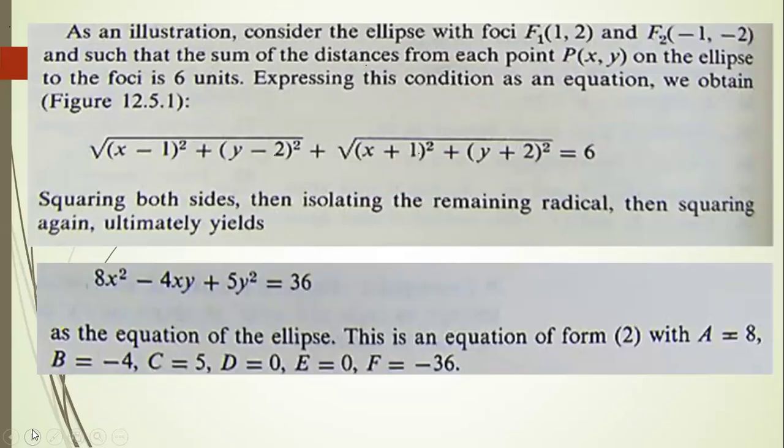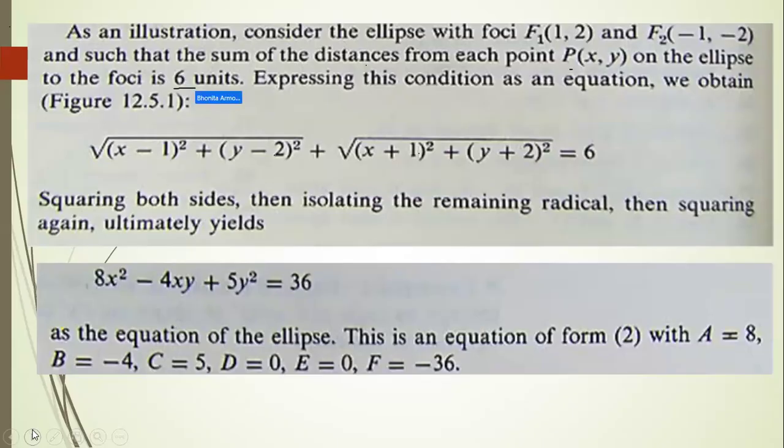So we basically have a graph of an ellipse, and then you have a point, the point P. And from there we have two foci, and it's saying here that the distance from foci 1 to point P and the distance from foci 2 to point P, when we add those two distances, it's equal to 6 units.